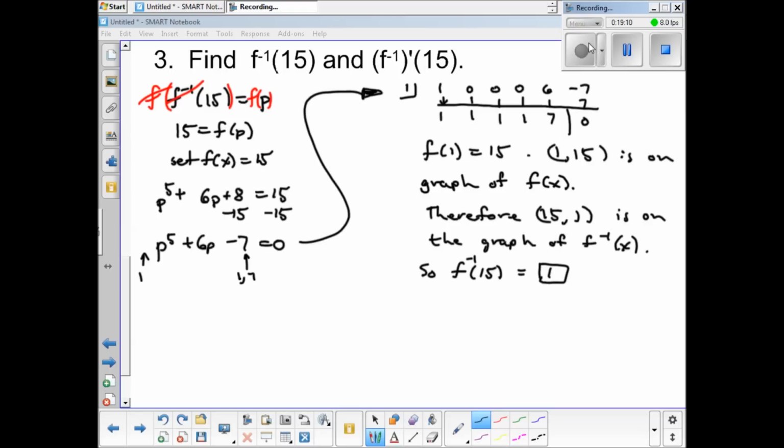Okay. The other question we were asked to resolve was what f inverse prime of 15 was. So to do this, I'm going to try and just picture this real quick. We know that our function initially had a point at 1 comma 15 on it, and the inverse has a point 15 comma 1.